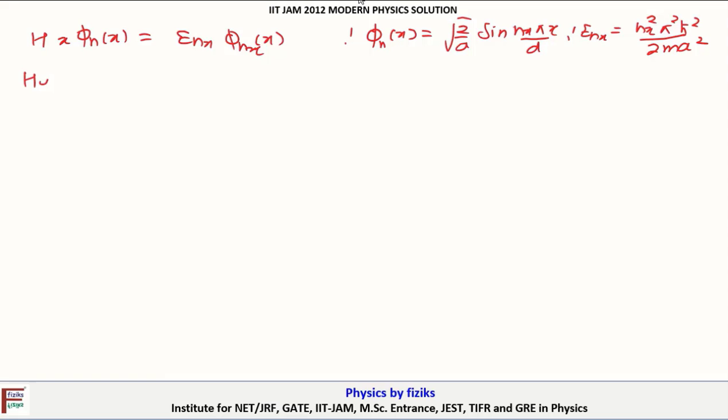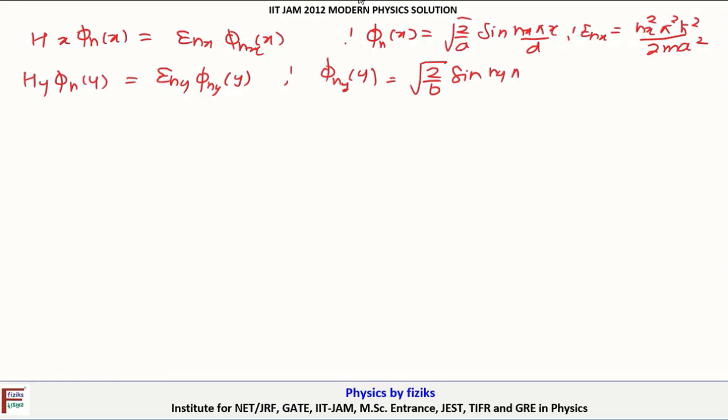Similarly, Hy phi ny would be E ny phi ny of y, where phi ny of y would be root 2 by b sine of ny pi y by b, and E ny equals ny square pi square h cross square by 2mb square.